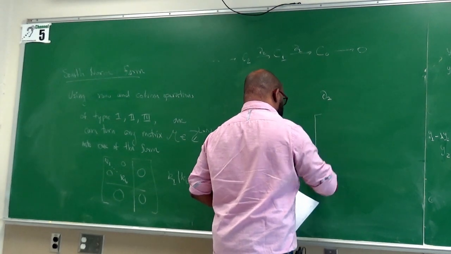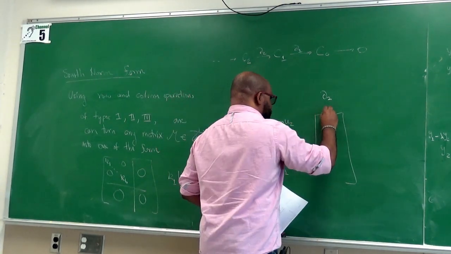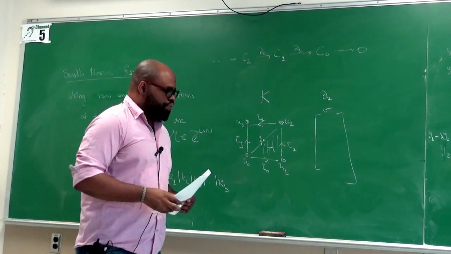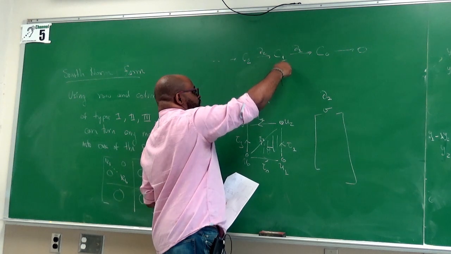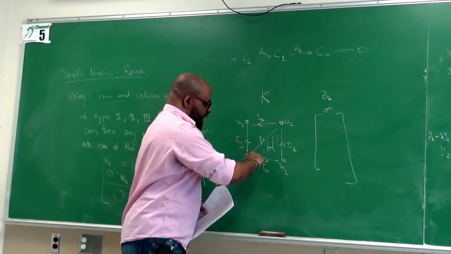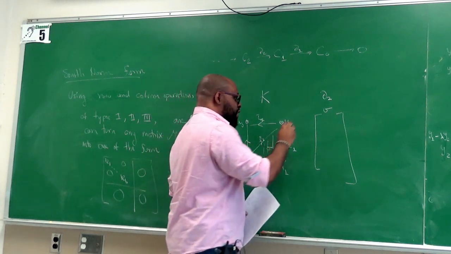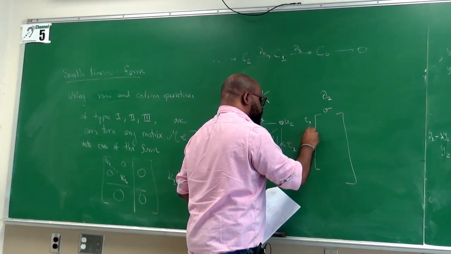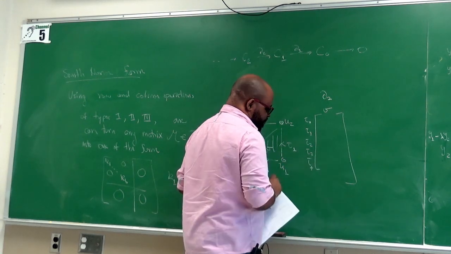In the column domain, meaning here in C1, the basis is given by the 1-simplices, the edges: tau 0, tau 1, tau 2, tau 3, and tau 4.